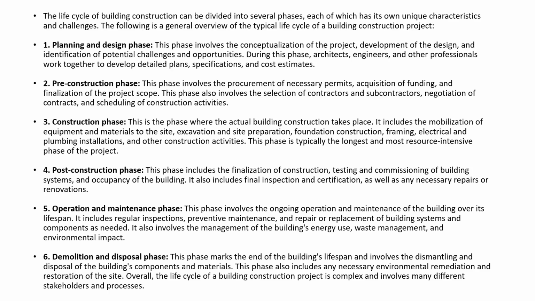This phase involves the conceptualization of the project, development of the design, and the identification of potential challenges and opportunities. During the phase, architects, engineers, and other professionals work together to develop detailed plan, specification, and cost estimates.